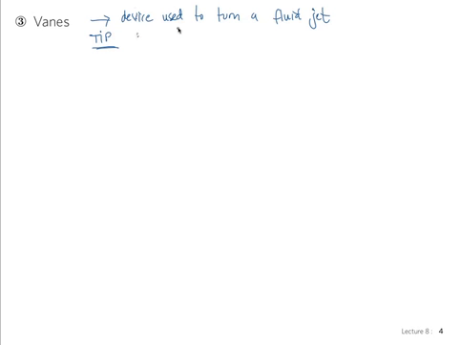So ignore elevation difference, unless, of course, it doesn't make sense, okay? But in general, for vanes, it's just a small little device that is impinged on by a fluid jet, and the elevation differences are tiny, so we can safely ignore that effect.